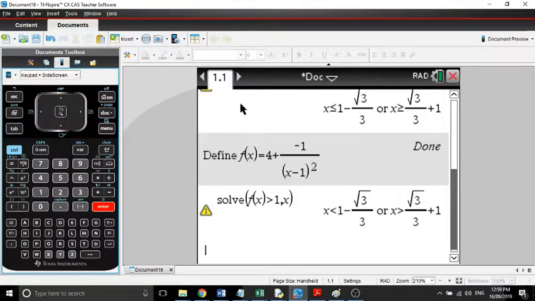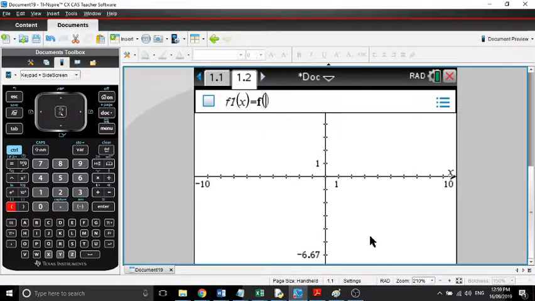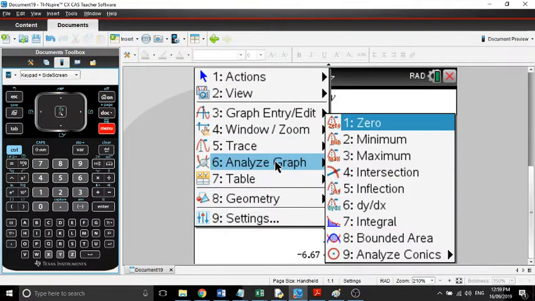Alright, so what we'll do, we'll graph that. Let's see what we can do here. f of x. So we've got that there. Now we're going to graph 1 as well. So then we're going to look for some intersection points.